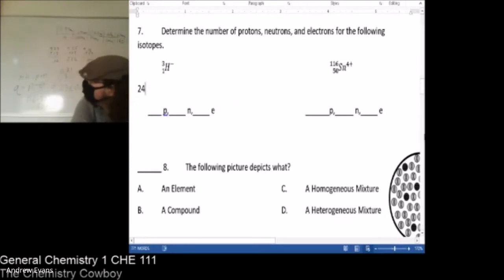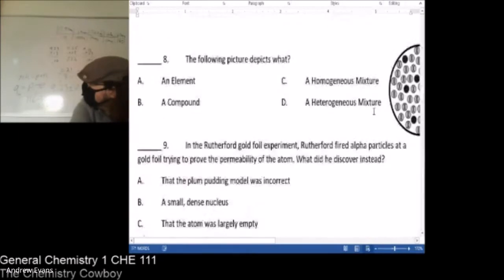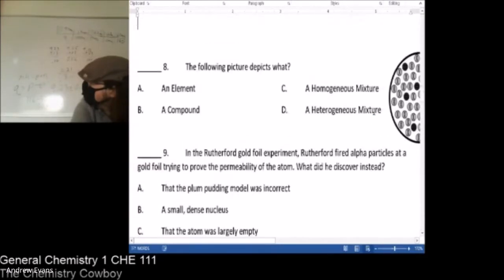Number 8, we won't really have to worry so much about, but we're trying to image what type of mixture. This was essentially a circle filled with X's and black circles, and the black circles were mixed throughout it. It was mostly gray X'd things. Basically, it's not a pure element. It's not a compound. These are not bound together.